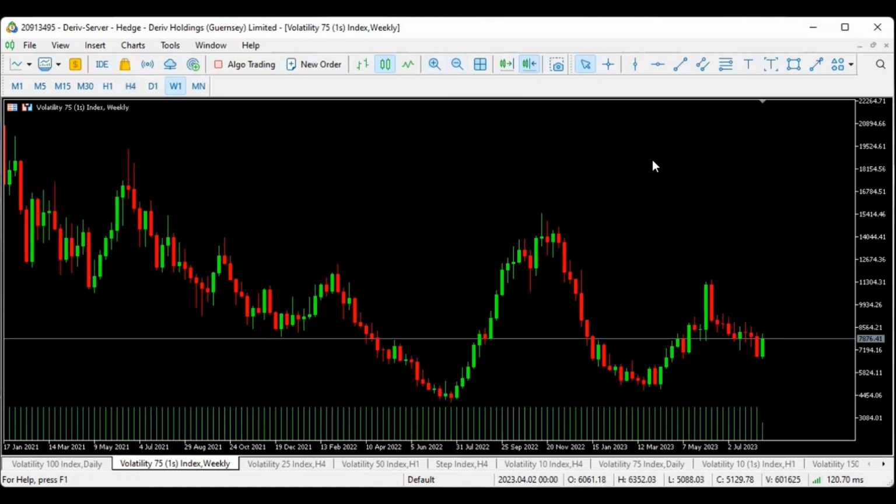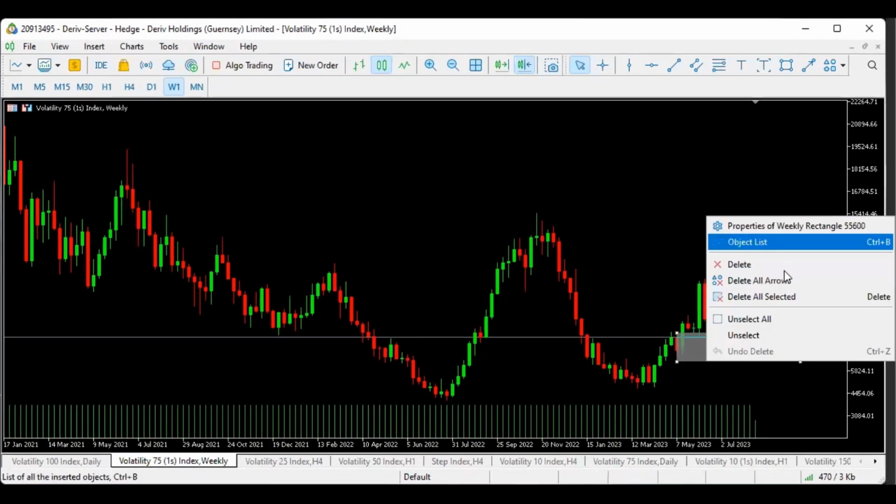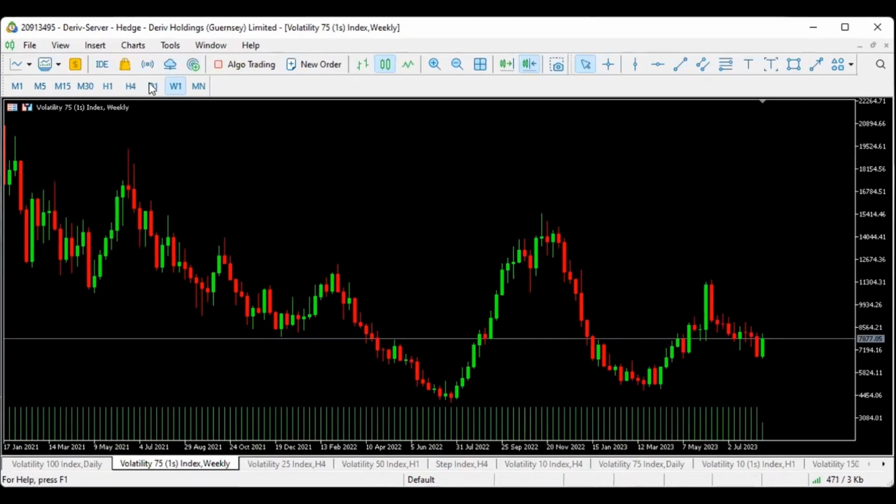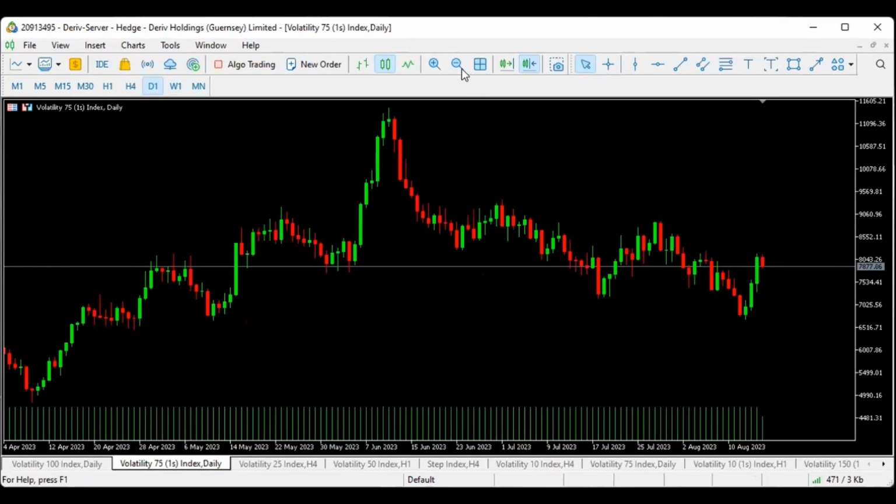The price had a very impulsive bullish move, and then this kind of retracement, because you can see the candles are dodgy, most of them. And right now, probably we are reacting to this weekly order block over here. Now, let's continue to the lower time frames and see where we can get a setup.